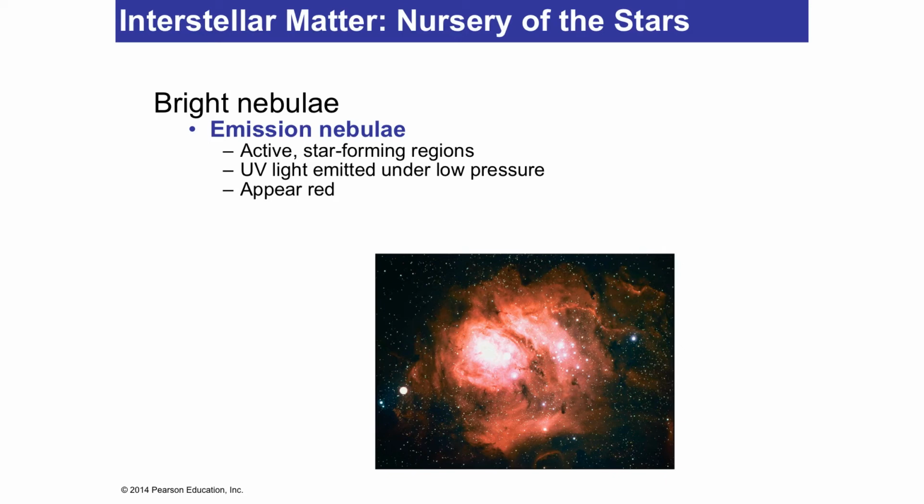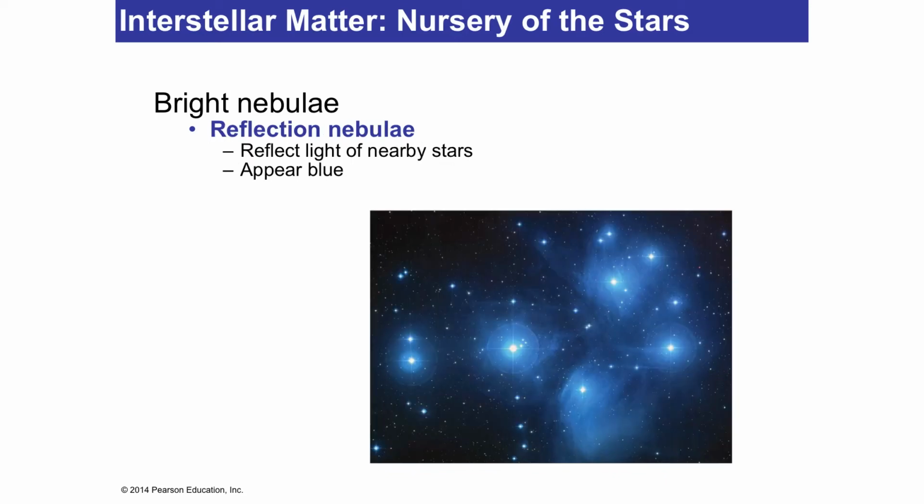So one of them is called emission. The second kind of bright nebula is reflection. Maybe I shouldn't say glow. It's acting like a mirror. If you've ever seen fireworks on the 4th of July, you've got a dark sky, but lots of smoke in the sky because you've had lots and lots of fireworks, and light can reflect off of that smoke.